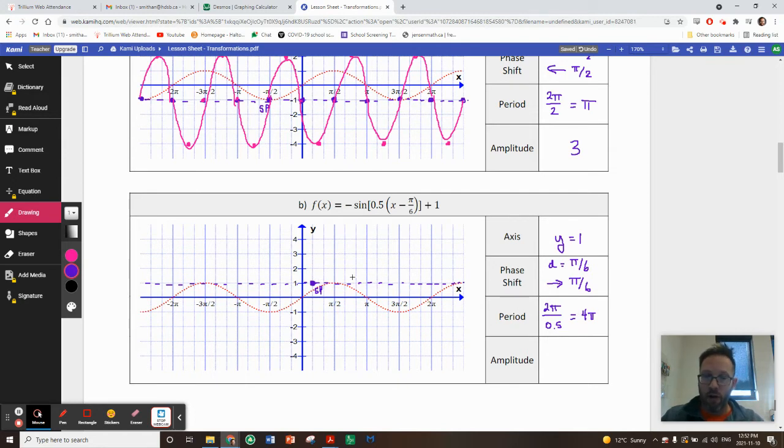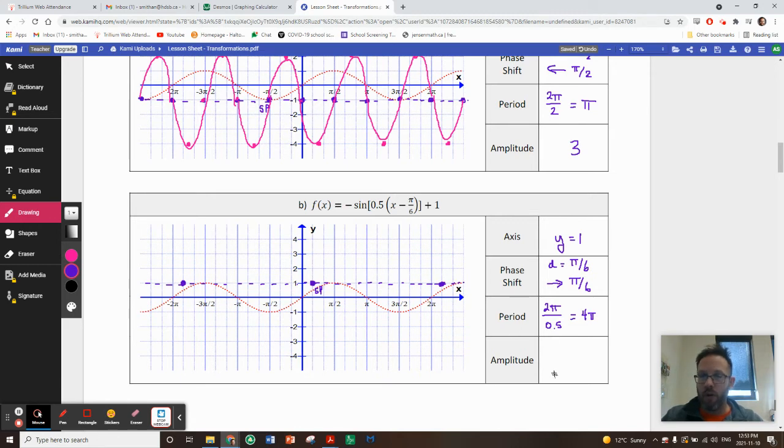So let's draw that in. Every 2 pi corresponds to 12 squares on my graph. And then I'll go forward 12, and that's where we're going to come back to our axis. It's very, very stretched out.